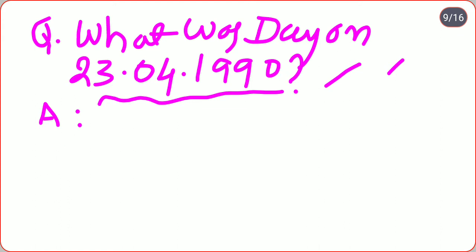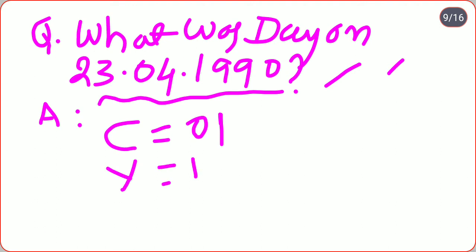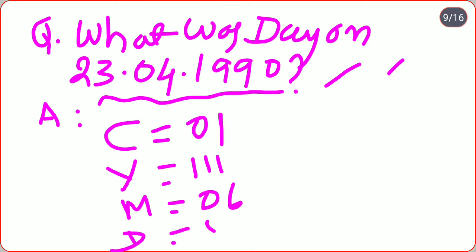Okay, so century odd days is equal to 1. Year is equal to 111. Next, month is equal to 6. Day is equal to 23.